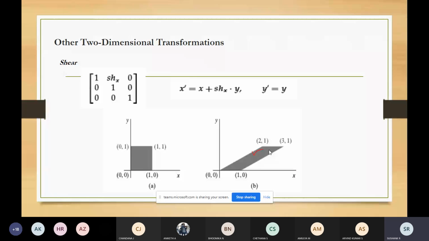These kinds of transformation will appear as if the object is made up of internal layers which are slid over each other to form shear. So this is the definition: a transformation that will distort the shape of an object such that the transformed shape appears as if the object were composed of internal layers that have been caused to slide over each other.